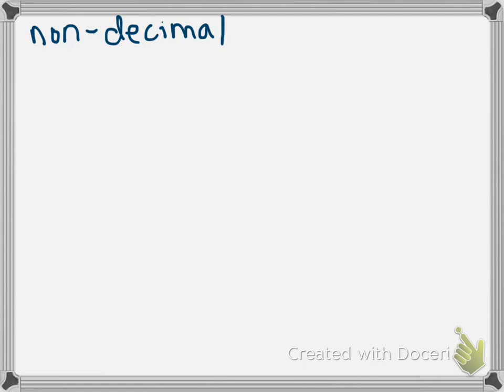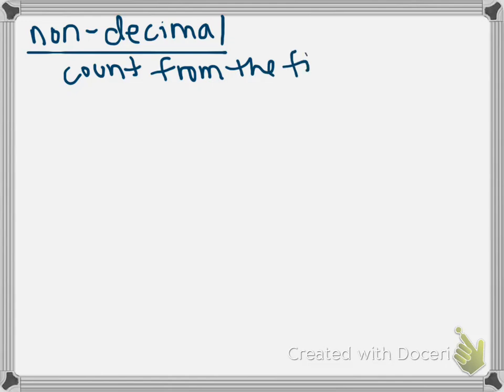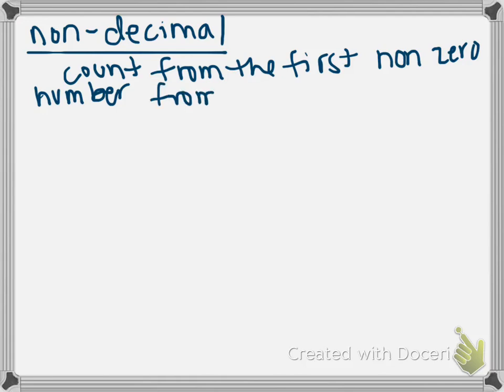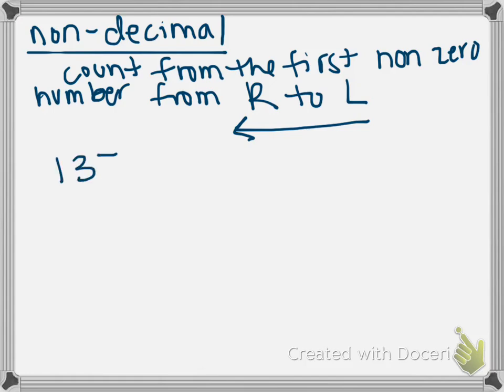And the rule for a non-decimal number is that you count from the first non-zero number, but this time you count from right to left. So you're going to count in this direction. Alright, so an example of a non-decimal number would be 135.